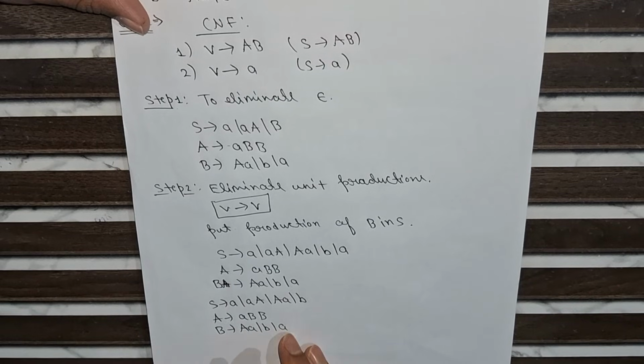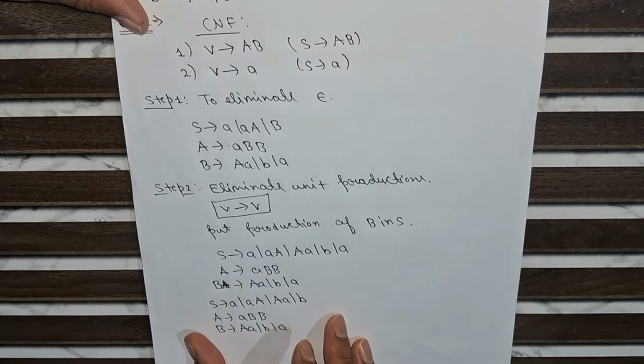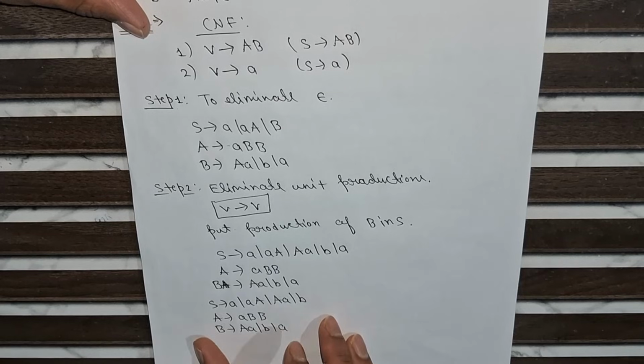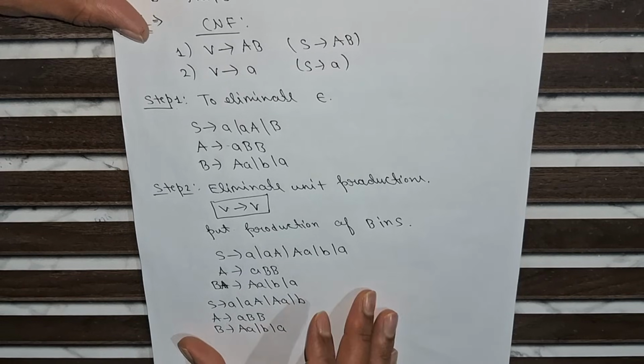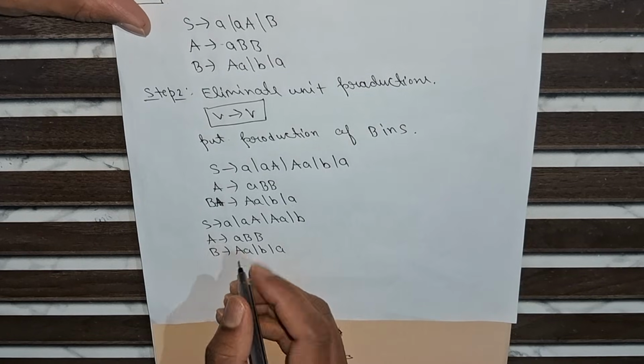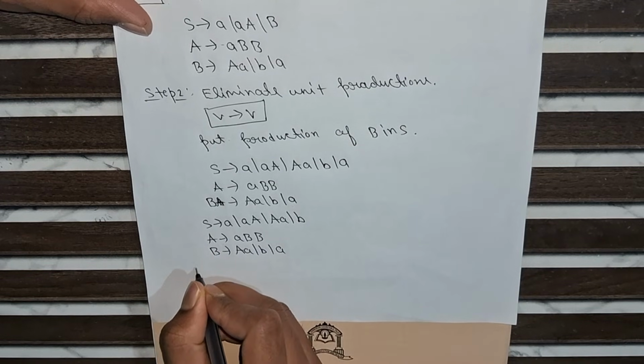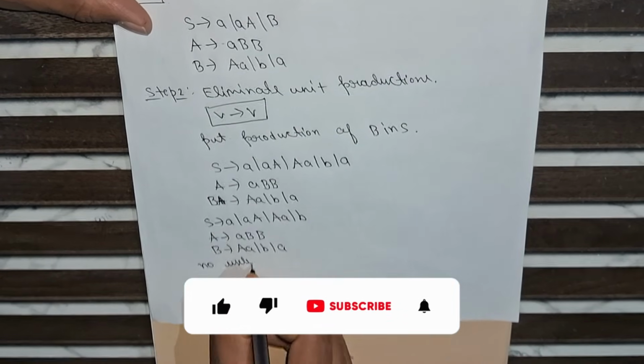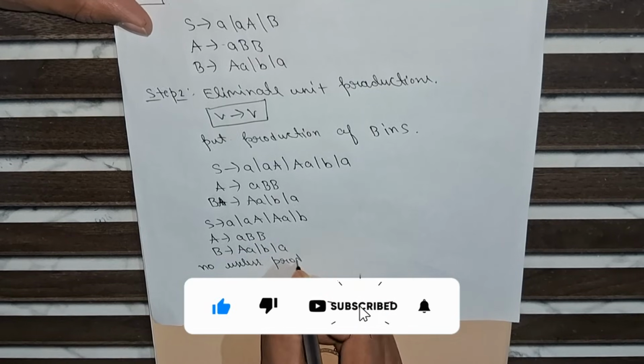This is after eliminating unit productions. Also, in the grammar we can see that there are no useless productions, all the variables have terminals. So no useless production now in the grammar.